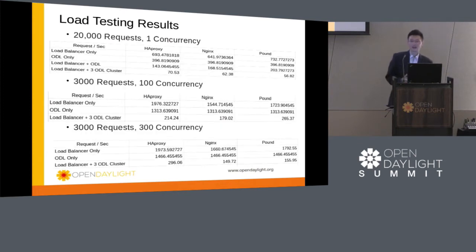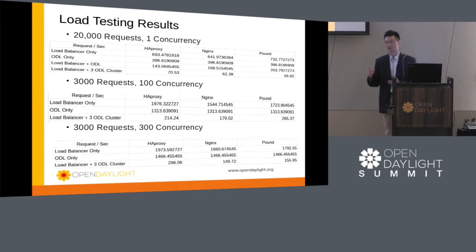And then we have some load testing results. Basically, we generate heavy traffic for each piece of the framework. We generate heavy traffic from the OpenDaylight node to the load balancer, and from the load balancer to the OpenDaylight. Again, I picked some results here. The first test case is 20,000 requests with a concurrency number of one. The second is 3,000 requests with a concurrency number of 100.